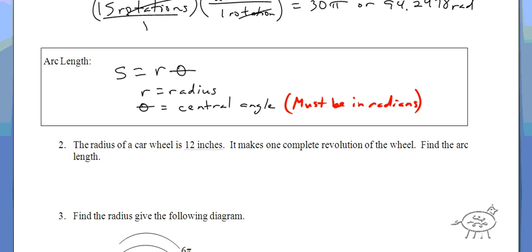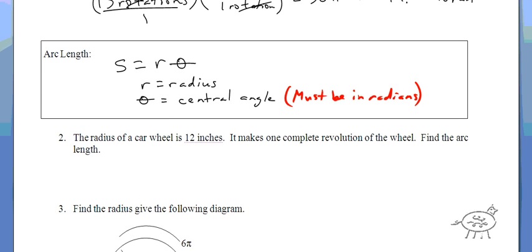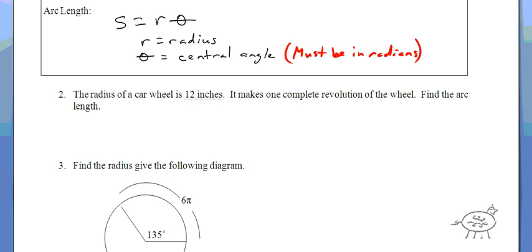Let's move on to problem number 2 here. Okay, the radius of a car wheel is 12 inches. It makes 1 complete revolution of the wheel. Find the arc length. Okay, again, it's really easy. It makes 1 complete revolution, so we just have to use 1 complete revolution, which is 2 pi.